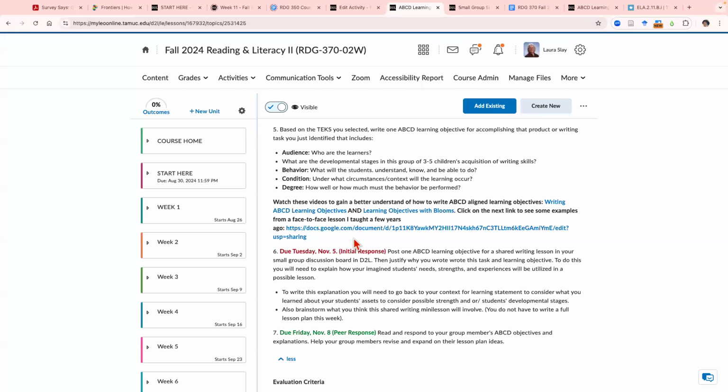The one thing I am going to tell you is that ABCD learning objectives are meant to be measurable. Okay, they have to be specific and they have to be measurable. So this formula is meant to help you hone in on that objective because that is the beginning of the alignment process, and your lessons are evaluated on alignment.